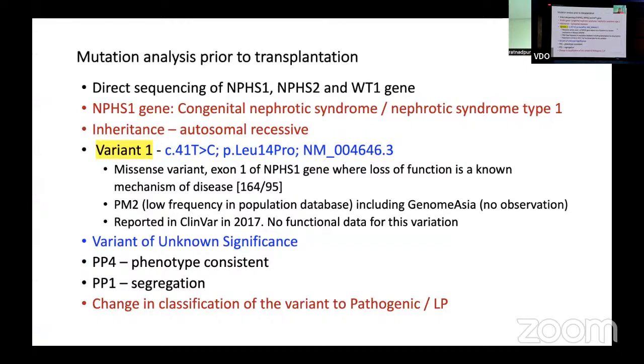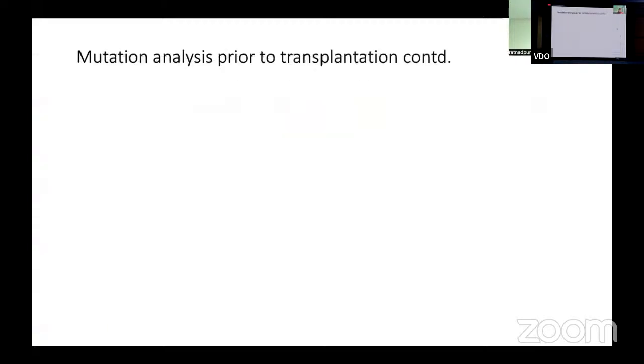And when we do that, we add on to the ACMG criteria, and there was a change in classification from variant of unknown significance to pathogenic or likely pathogenic. So predominantly, this was a change to likely pathogenic. So remember, just what comes on that report may not give you adequate information. Very often you have to work on those variants beyond what is given in the report to decide whether it can be consistent with your patient's disease phenotype.